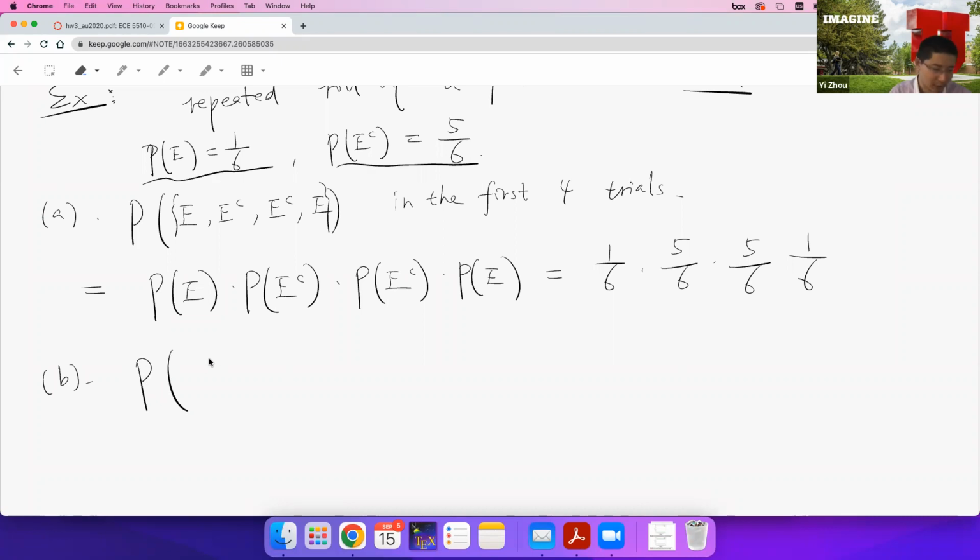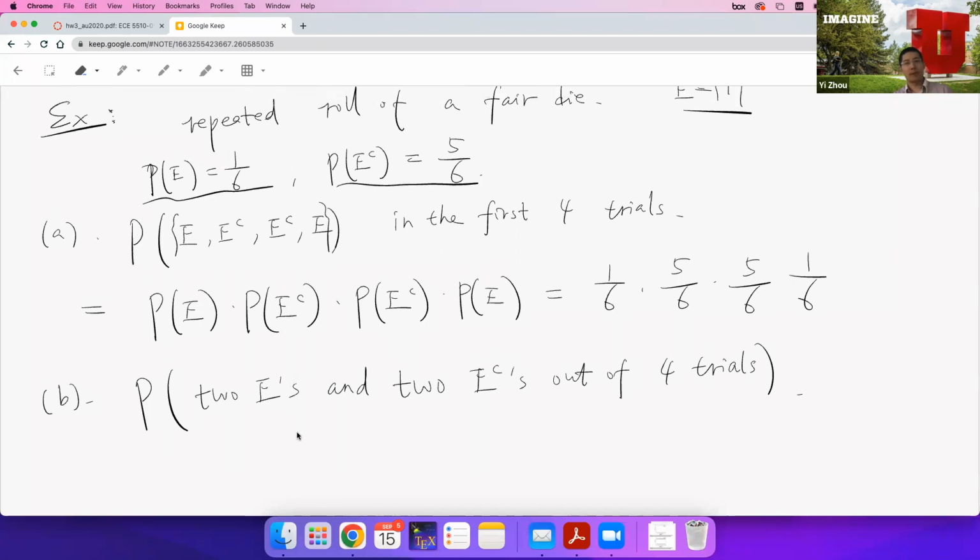What is the probability of observing 2 events E and 2 complement events E^c out of 4 trials? So in the 4 trials, you observe 2 E's and 2 E complements. The previous part was a special case.